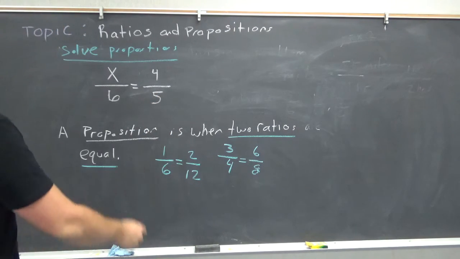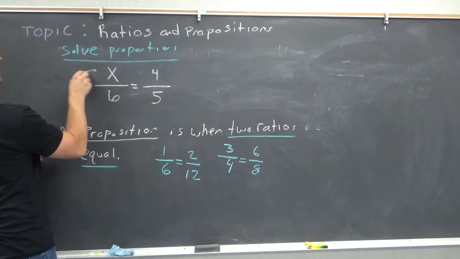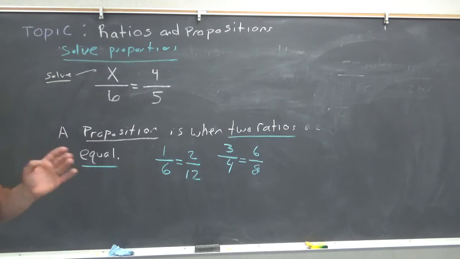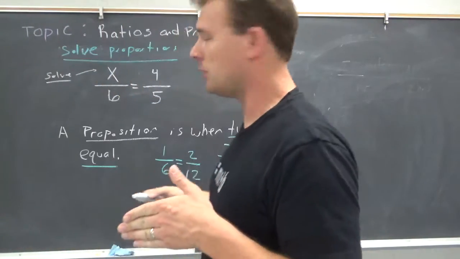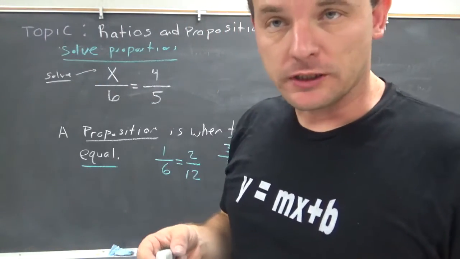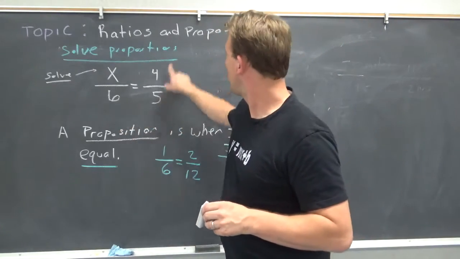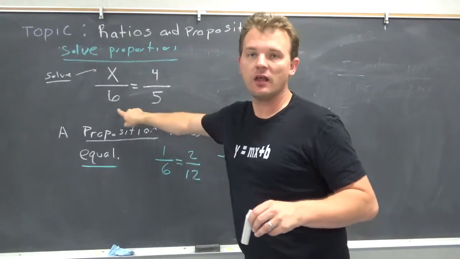Now, this is what we have to solve. We have to solve for x to make these two proportions equal. Remember, a proportion is when you have two ratios that are equal.